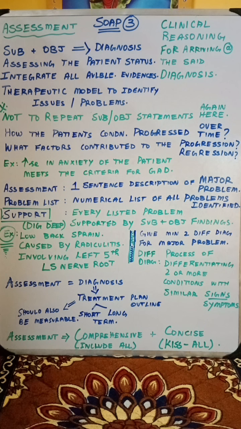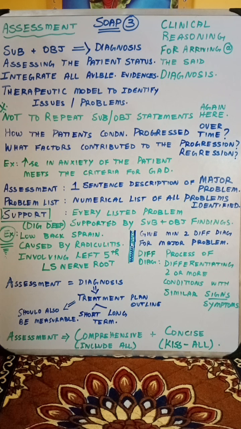That's how we separate or eliminate the other problems and finalize, with proof, with data, with records, that this problem is this because of this. Maybe there is not just one problem. There is a list of problems put in a numerical list. All these problems can be identified, we can give reasons, and finally arrive at a major problem. There could be 1 or 2 minor problems associated with it, for which we can plan the treatment, right?